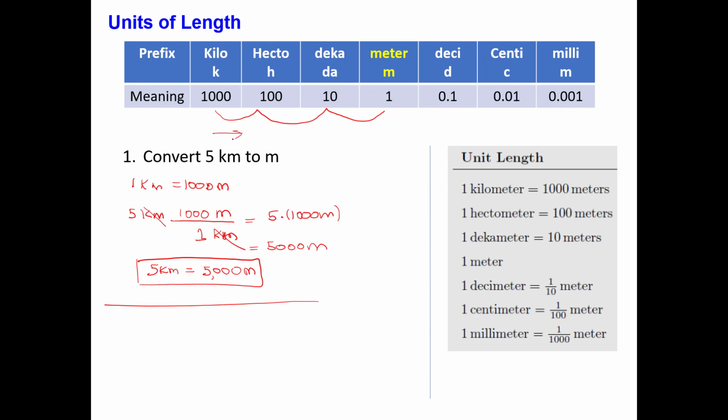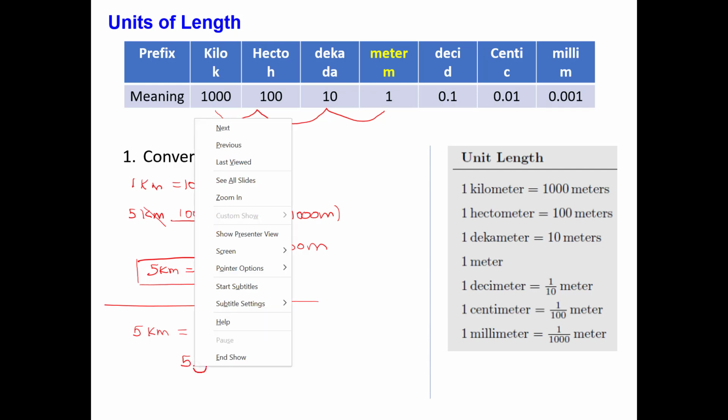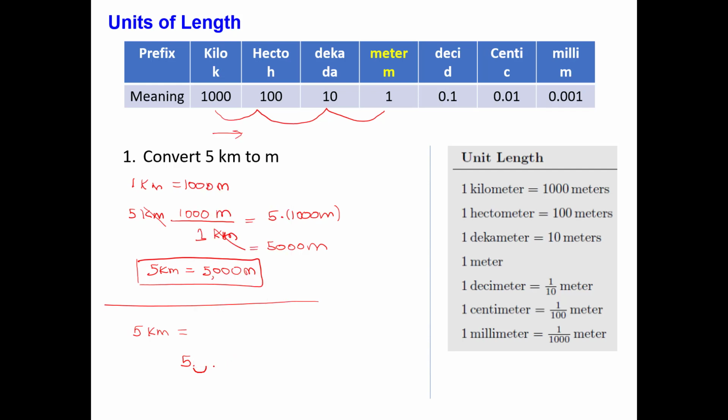And because we move to the right, we start here, 5 equals. And we had 5 here. The decimal point is here. Then we need to move 1, 2, 3. The decimal point is now here. And we had 5,000. Yes, this 5 kilometers equals 5,000.